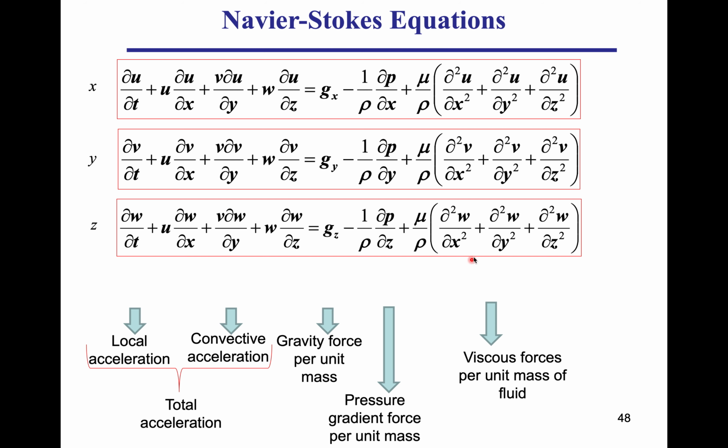Remember, in our derivation, the viscous stresses had two types. We had the shear stresses, so these are the off-diagonal elements, these guys over here, as well as those three guys over there.